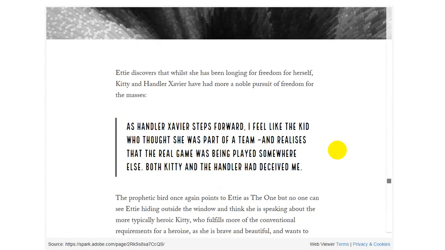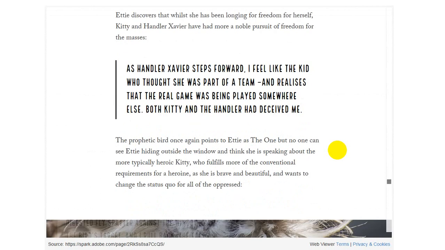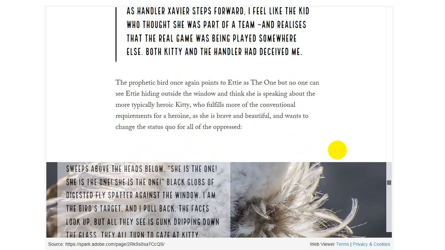We discover that he is a key member of the resistance, and he's just not interested in having Etty join that resistance, which is ironic because Etty is the one, even though he seems to think it is Kitty. Etty feels betrayed. She realizes that she thought she was part of a team, but the real game was being played somewhere else.